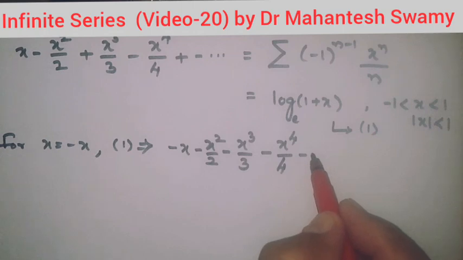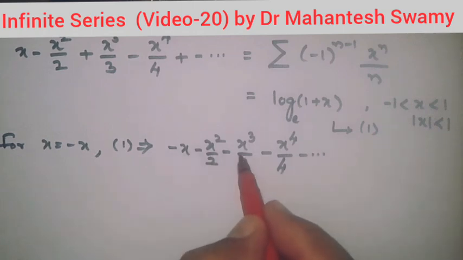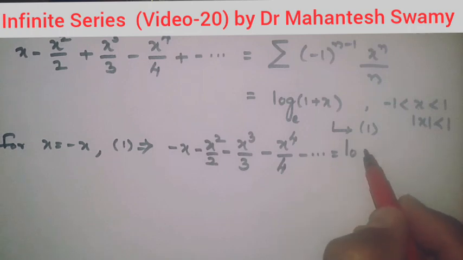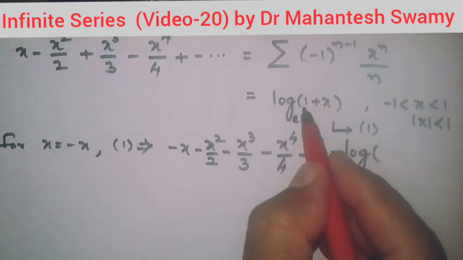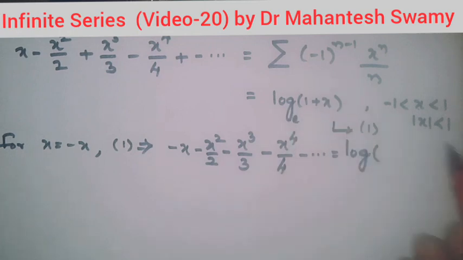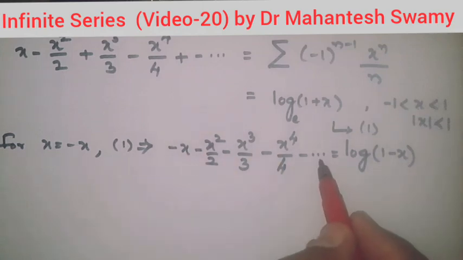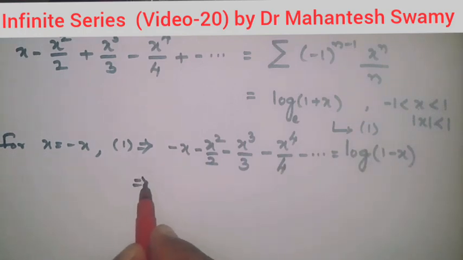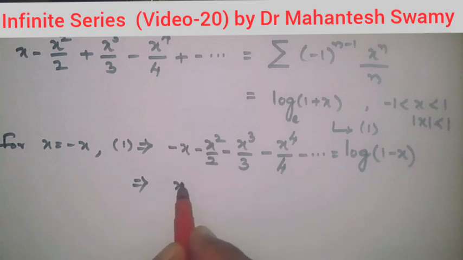Like this we are going to get a series containing only negative signs, and on the RHS of equation number 1 we observe log of 1 minus x, because we are putting x equal to minus x. So this is the result we get, and if we transfer the minus sign to this side, we get a new series, that is, a series of positive terms.